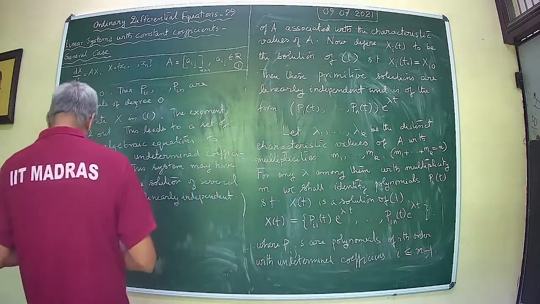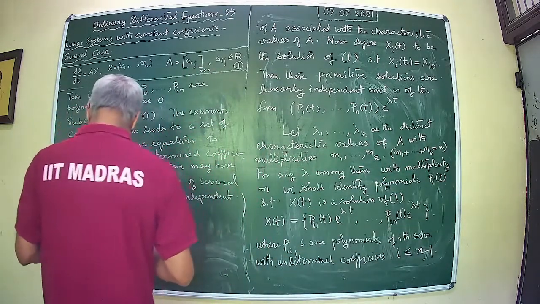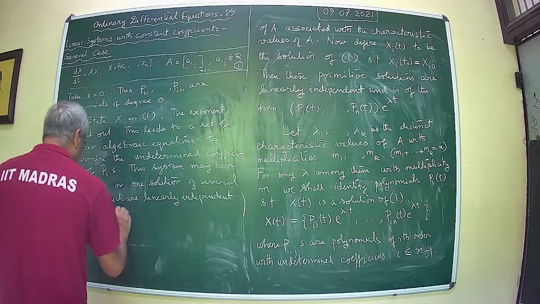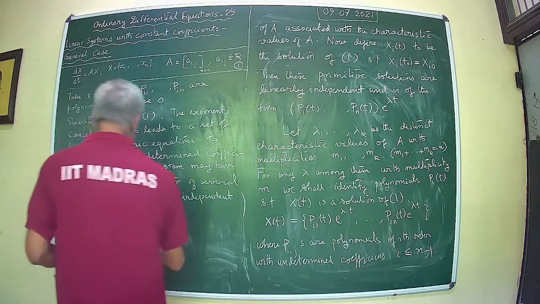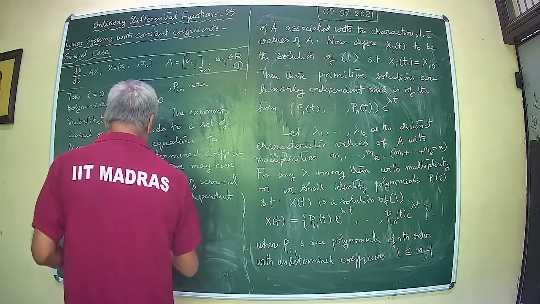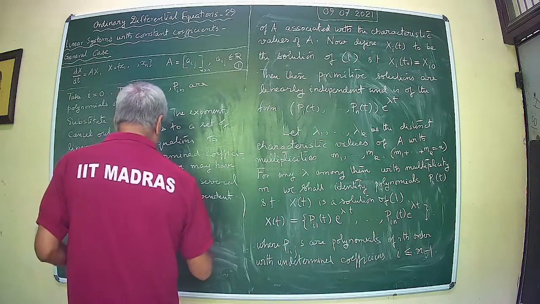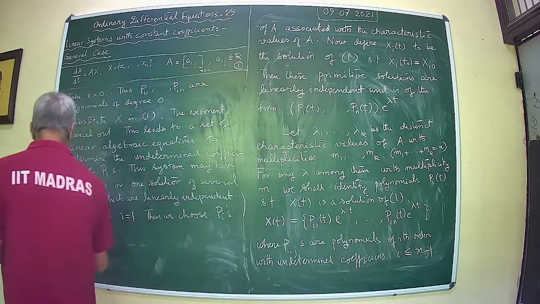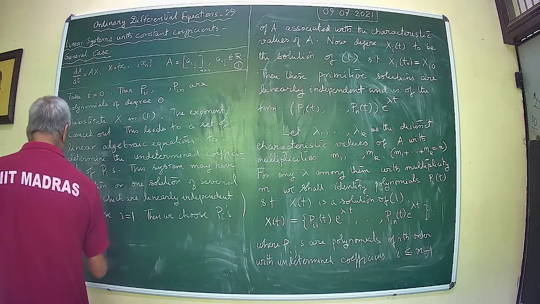Similarly, now choose i equal to 1. Then we work with the P_i's as first degree polynomials.